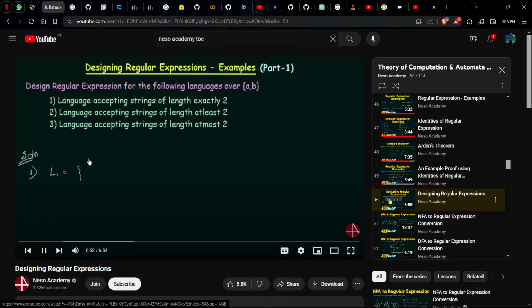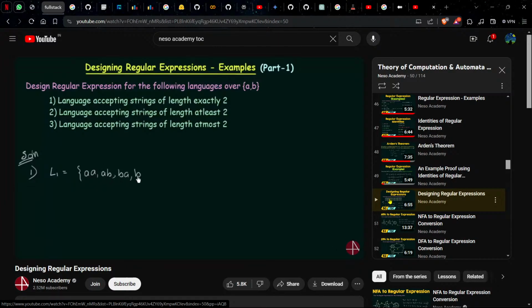So if our alphabets are AB, what will be the strings of length exactly 2? The possibilities are AA, AB, BA, and BB. So these are the only strings that will be accepted in this language L1.